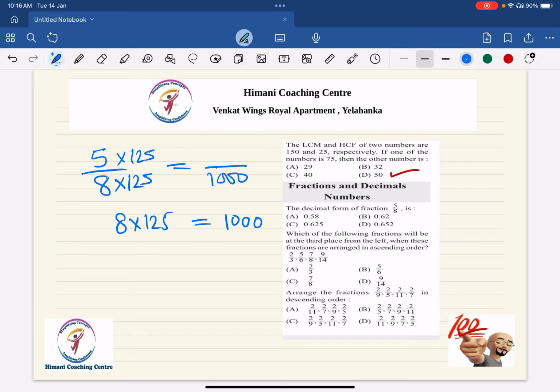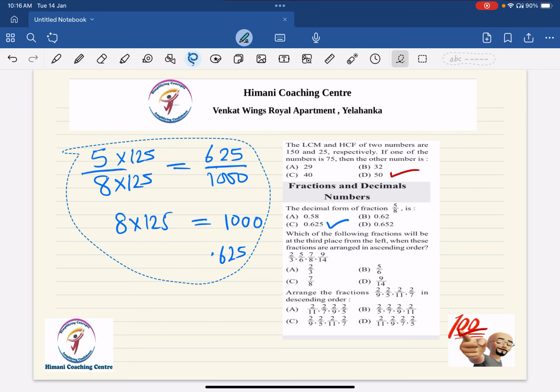Now 5 into 125 is what? 5 5s are 25, 5 2s are 10, 12, 5 ones are 5, so 625 by 1000. So whenever you have to divide a number by 1000, what should you do? The answer should have three digits after the decimal. So the answer would be 0.625. Okay. So just select that answer. That's a faster way of solving.